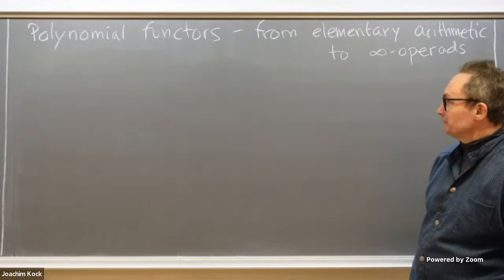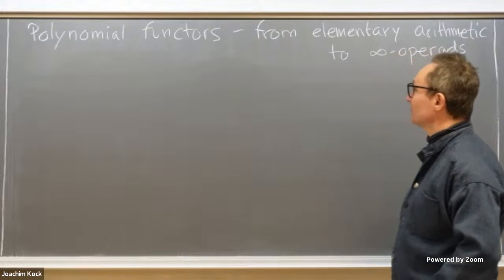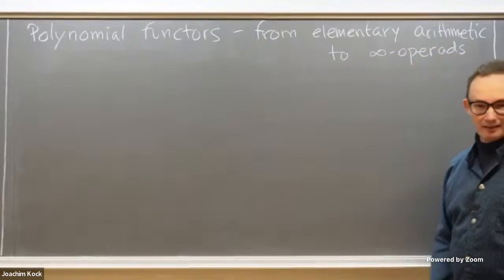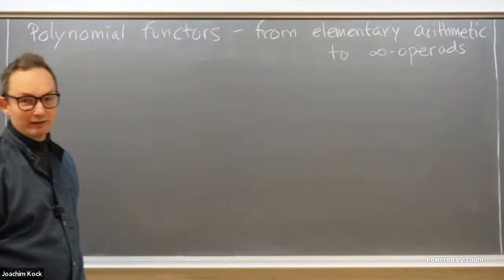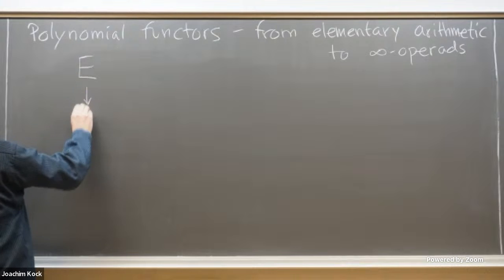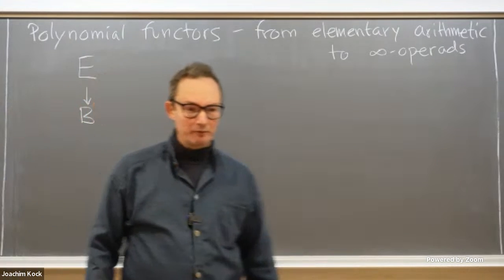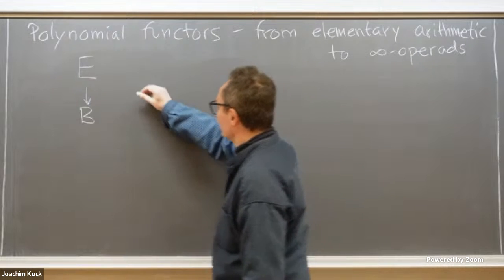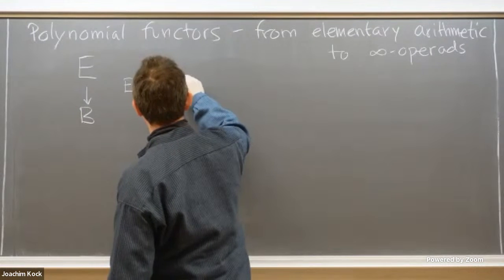Okay, so I will explain a few points of the theory of polynomial functors, starting with elementary arithmetic and ending with infinity-operads. So let's start with the definition of polynomial functors. You start with any map of sets, which we think of as a family, namely the family of the fibers.